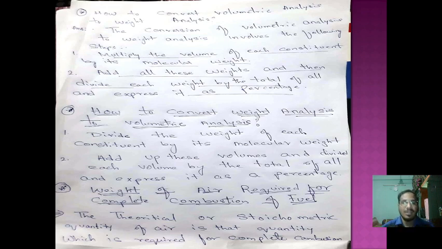For example, two chemicals we are using. The two chemicals' weights are 10 plus 20, which is 30.